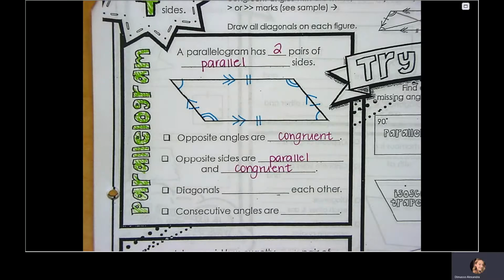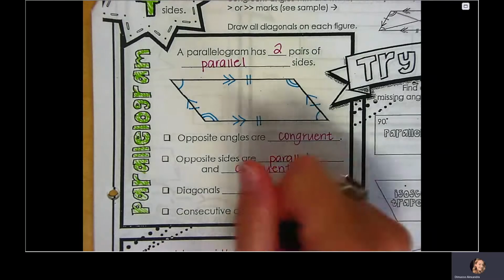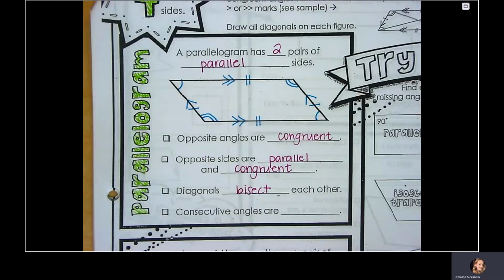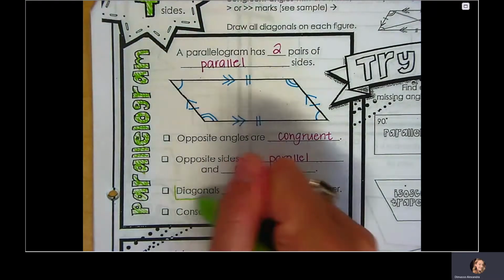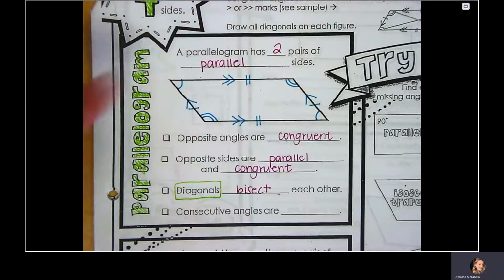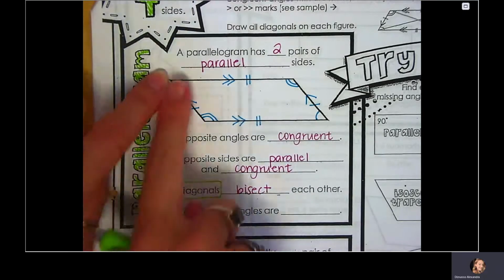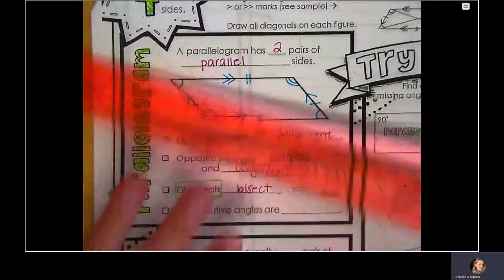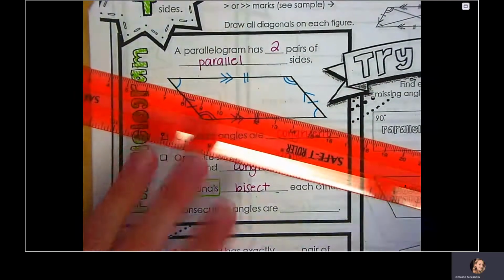Next one, diagonals bisect each other. What does the word bisect mean? Cut in half. Perfect. A diagonal is when you go from one vertex to the vertex opposite of it, which is why you have a ruler. We're going to draw in our diagonals.